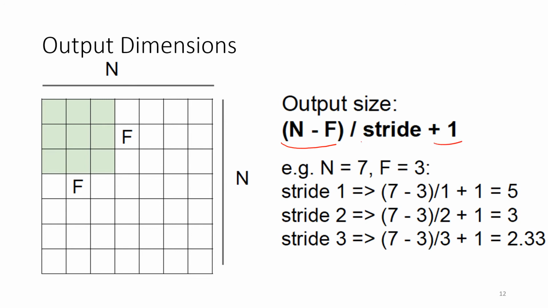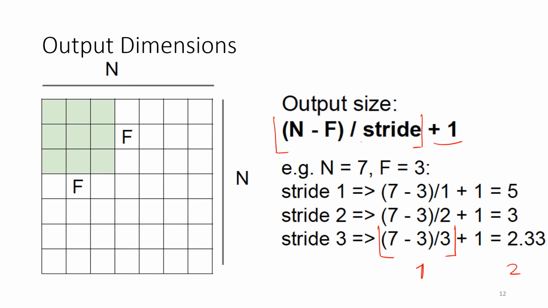However, note that you should take the floor of the division, because if the stride is 3, for example, you might get floating point output sizes, which is obviously not correct. In the case of 3, we get 7 minus 3 is 4, 4 divided by 3, the floor of it is 1, and 1 plus 1 is 2.